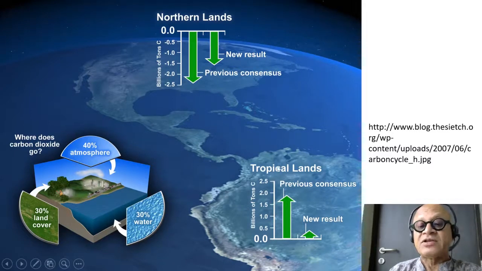And the tropical lands, which are a net emitter of carbon to the atmosphere, were supposed to be emitting about 2 billion tons of carbon per year, but now the new result says it's much lower.